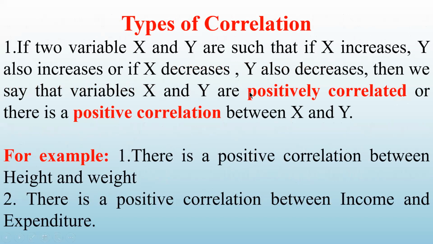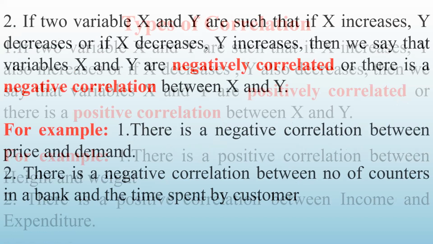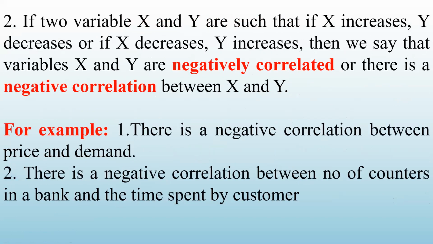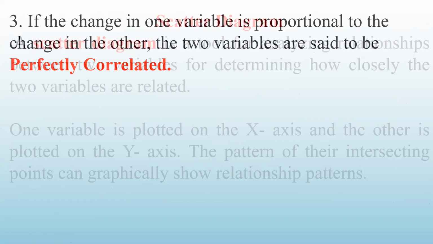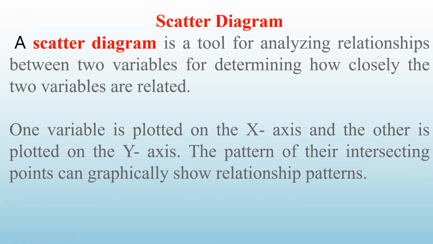That is called positive correlation. If x and y are varying in the same direction, then we say that the two variables are positively correlated. If they are varying in the opposite direction, that means if x is increasing, y is decreasing, or if x is decreasing, y is increasing, then we say that the variables are negatively correlated. And if they are not at all related to each other, we say there is no correlation between the two variables.